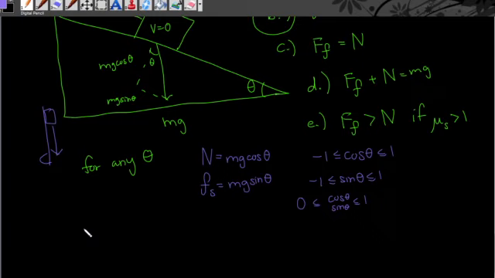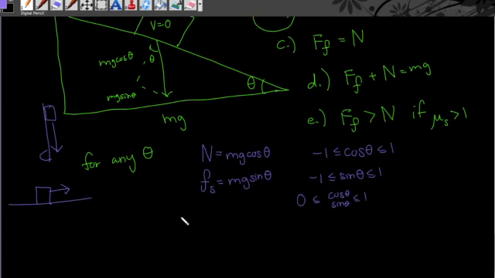On the other hand, the other limiting case would be if it's 0 degrees, where there would also be no ramp. And if it was 0 degrees, sine of 0 is 0, so there would be 0 static friction, since there are no other horizontal forces acting, which makes sense.